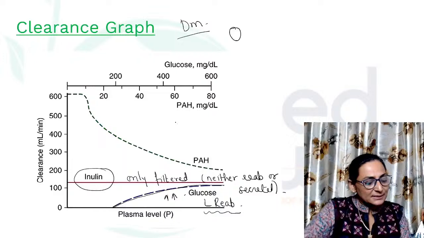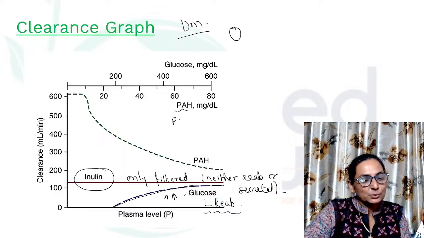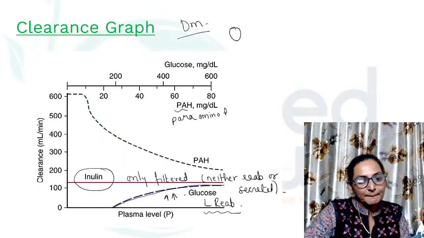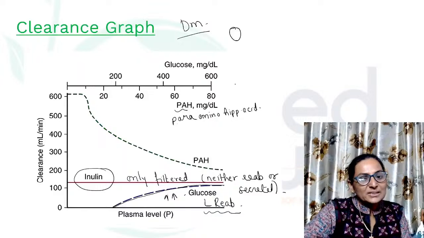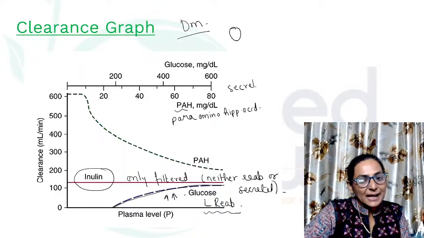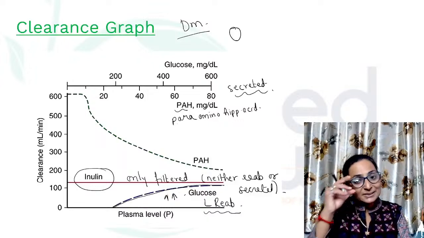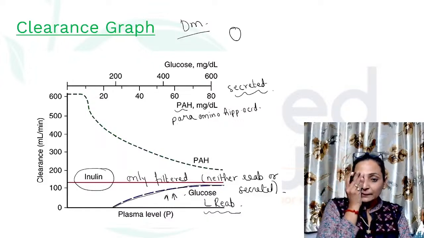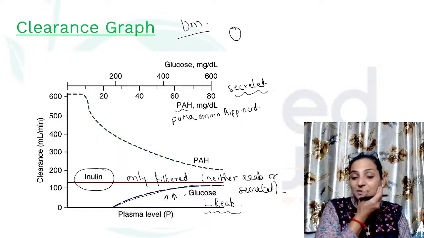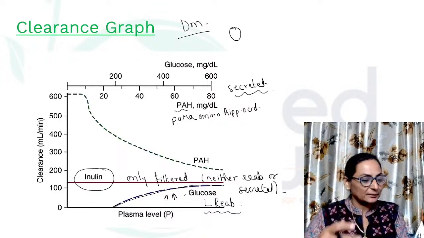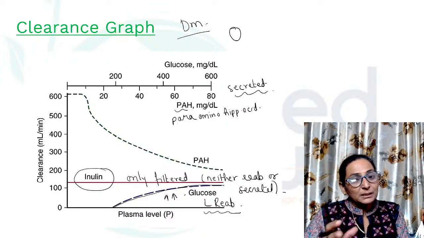So you can see that this is the rising of the clearance of glucose, which tells you that there is failure of reabsorption of glucose. But in certain substances like PAH, which is para-aminohippuric acid, which is a substance which is secreted, it also shows saturation kinetics because it is secreted with the help of a carrier protein. So अगर ये substance अगर ज़्यादा हो गया है, so what will happen?